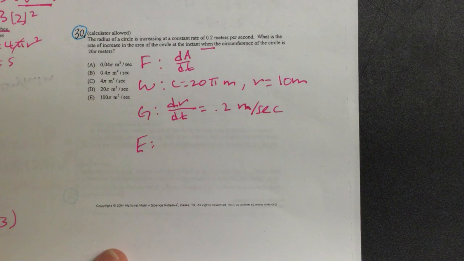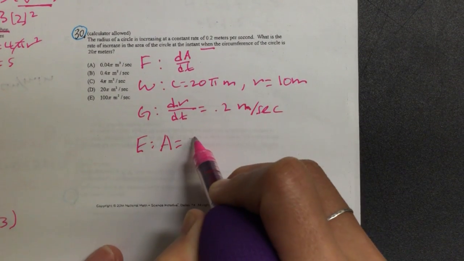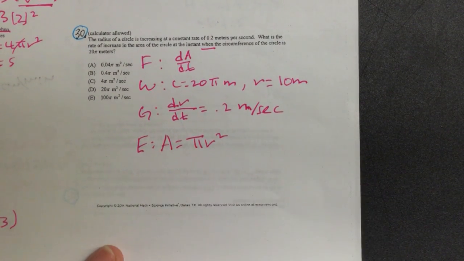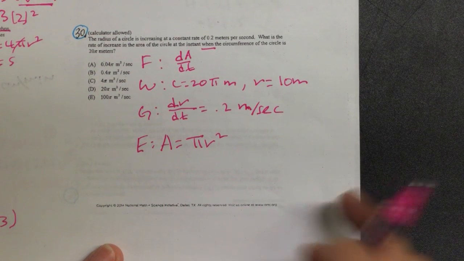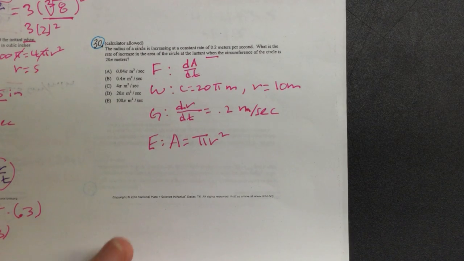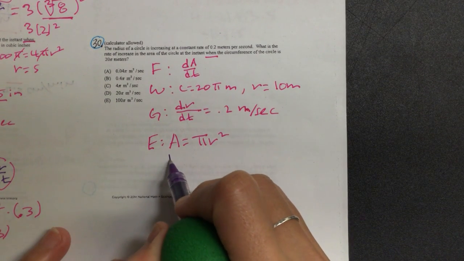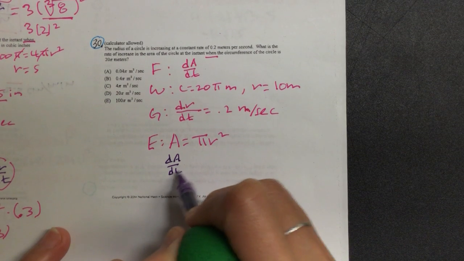How do I know which equation to use for us to find dA over dt? Area of the circle, because dA, so we have pi r squared. And do we notice that that formula was not given to us? We should already know that one. Let's go ahead and derive this. Derivative of 1A is 1, dA over dt.